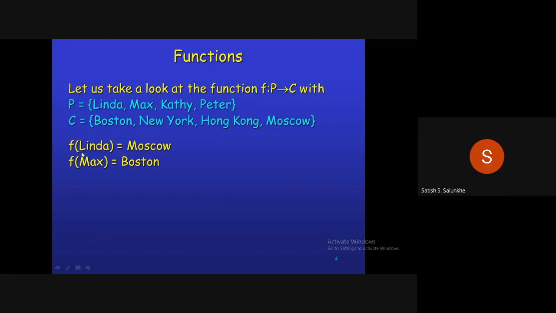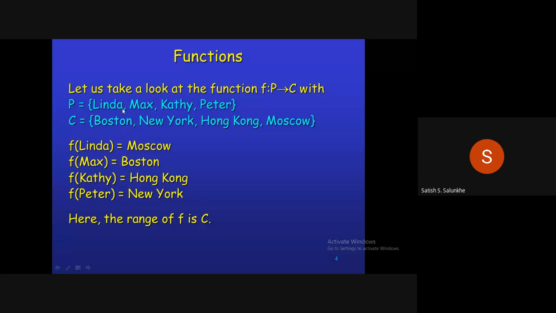These are some snapshots. Some element is having an image, Max is having an image. Suppose this is the function, so there are only four elements, no? So the range of f is nothing but the collection of images.